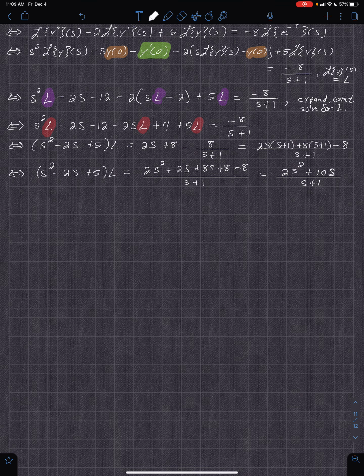Okay. So that is equivalent to, so let's go ahead and we'll just divide now and get L. So L is equal to 2s squared plus 10s all over s squared minus 2s plus 5 times s plus 1.